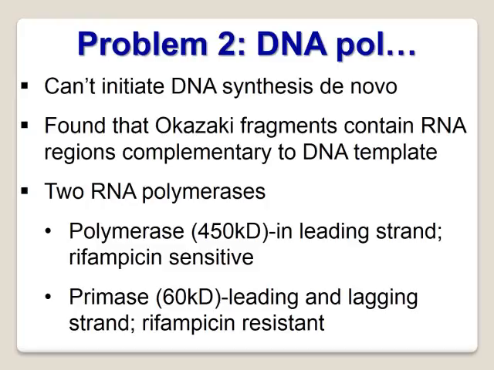Now, if you were to treat a strain of bacteria with rifampicin, you will inhibit the synthesis of the leading strand, but the lagging strand will not be affected because the primase is not affected by rifampicin, only the polymerase.